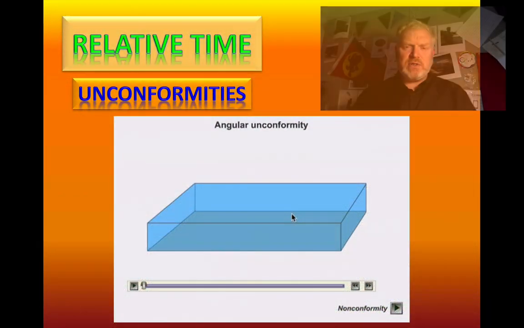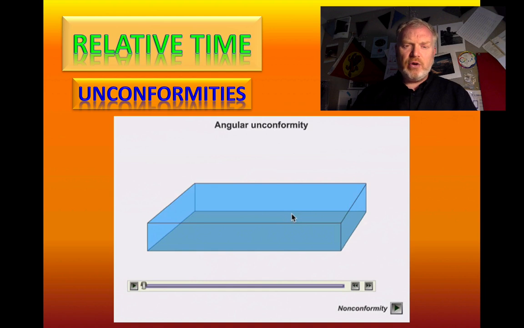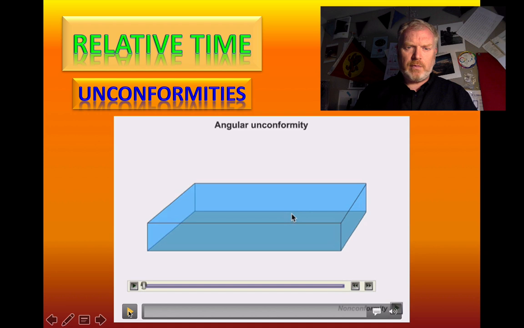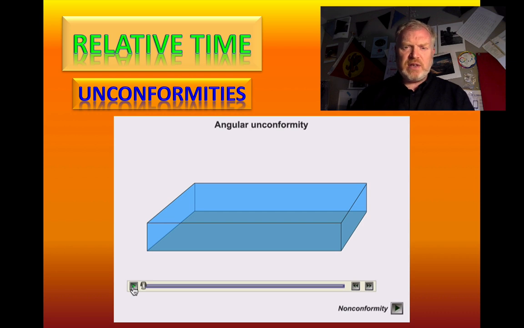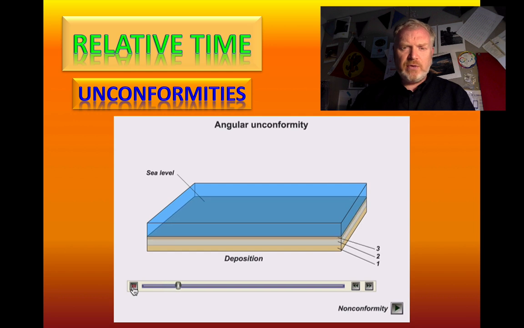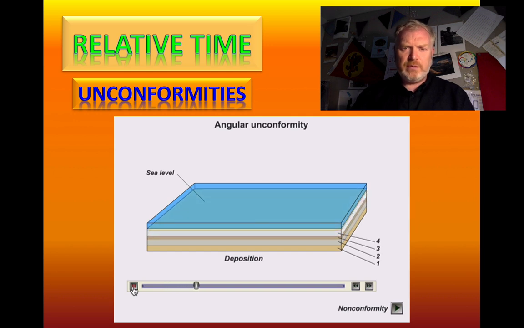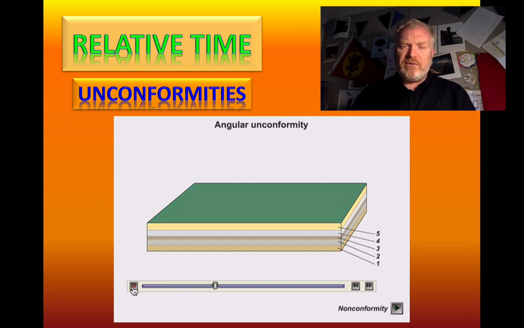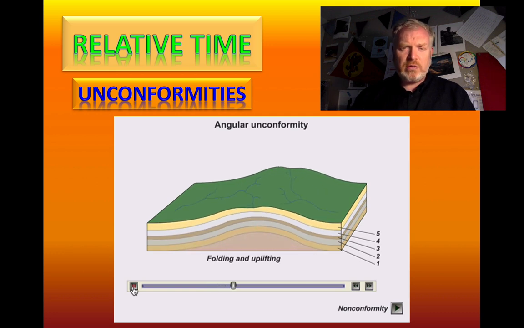Let's remind ourselves, to start with, how unconformities form. So we start out with the deposition of a series of sedimentary rocks. That happens over a period of time. That finishes, they become rock.